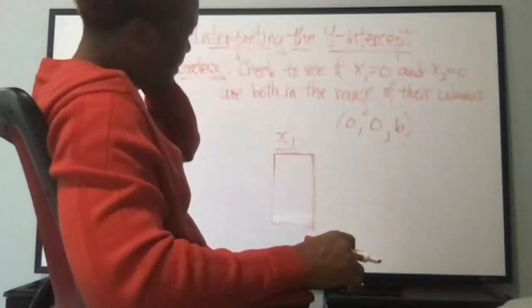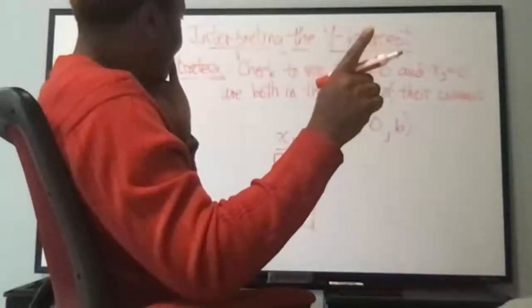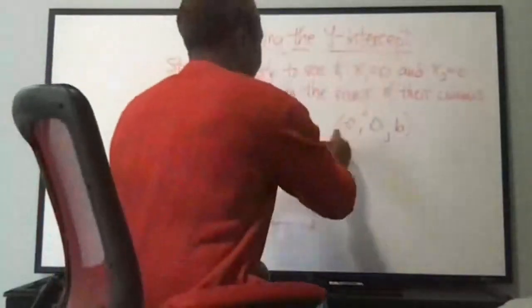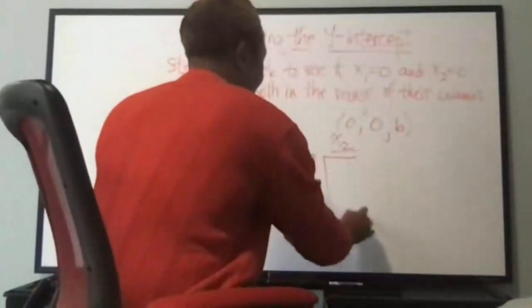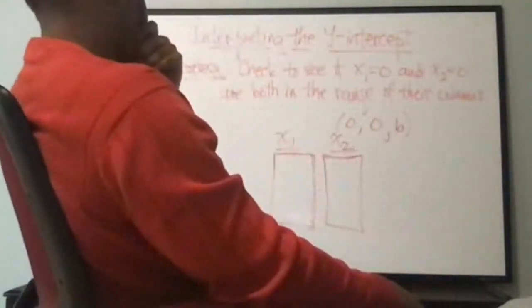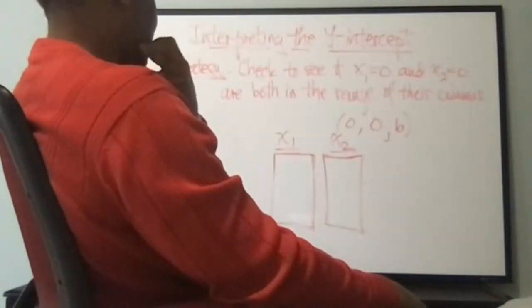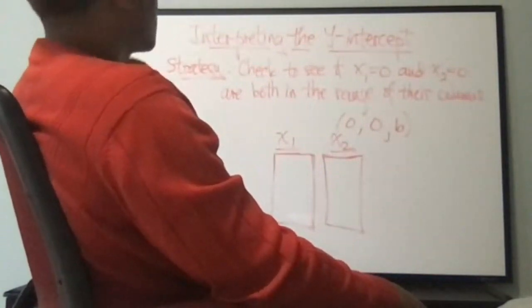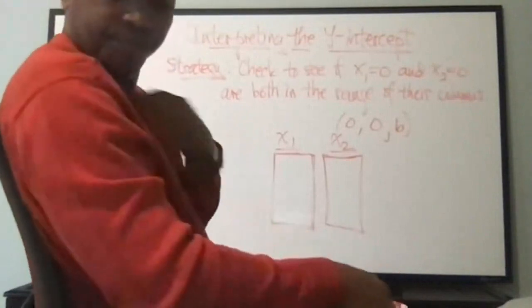No, it's not. Look at X2, minutes open. Is 0 in that range? No. Okay. So what do you think that means in terms of the interpretation?